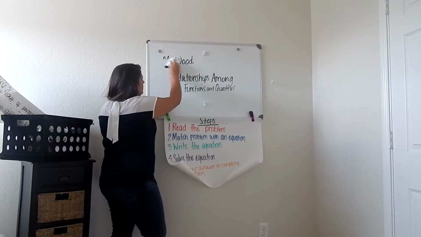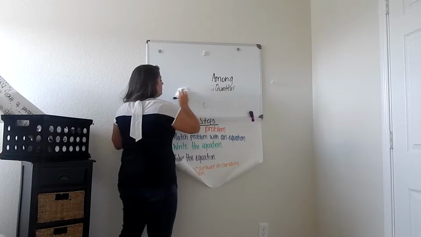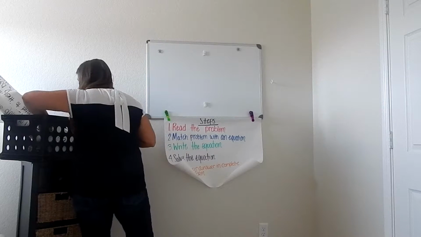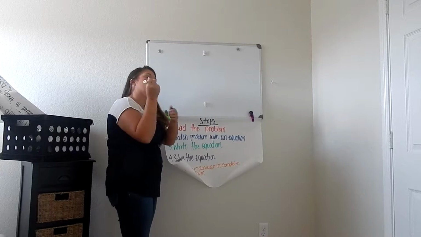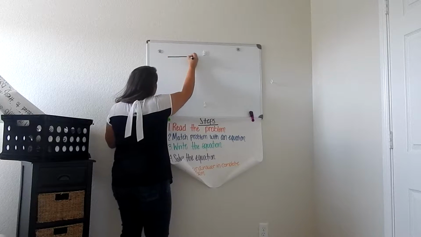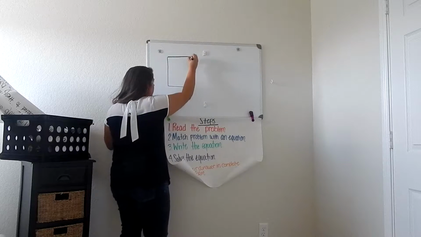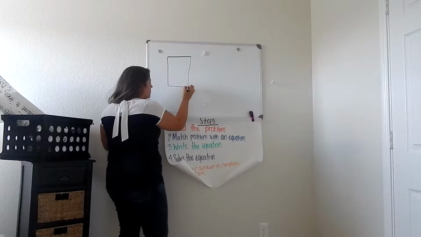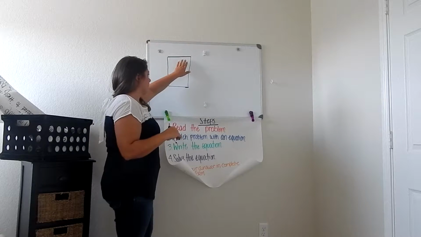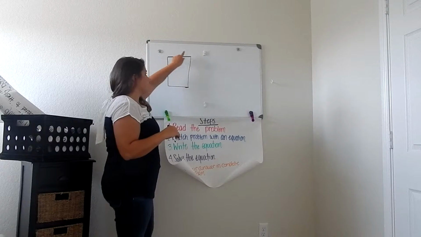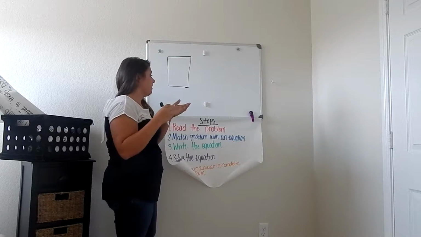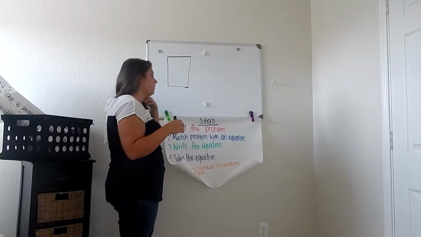So let me erase this because you know my name. Okay, so let's say we have a table, right? And we've been working on creating tables from word problems and coming up with what the x and the y are varying upon the word problem that we were talking about.